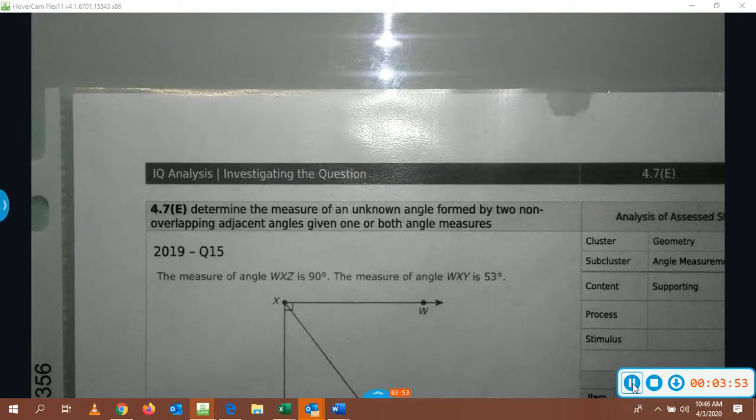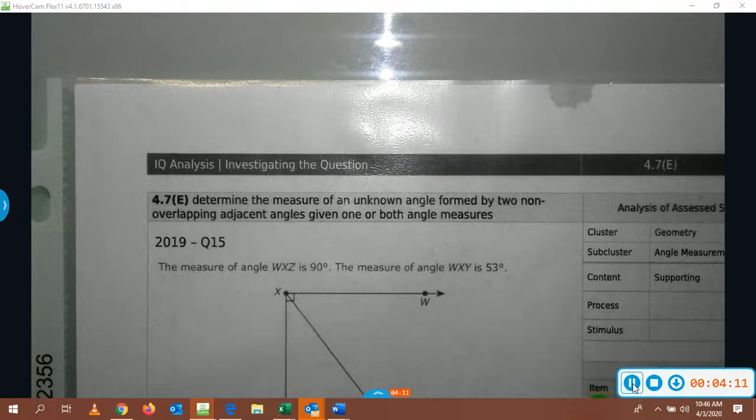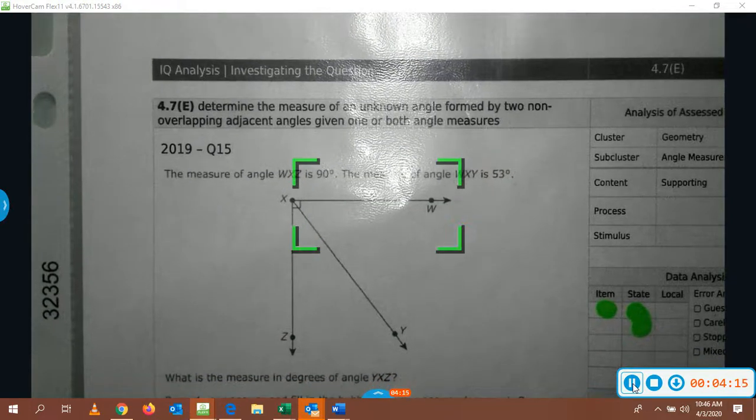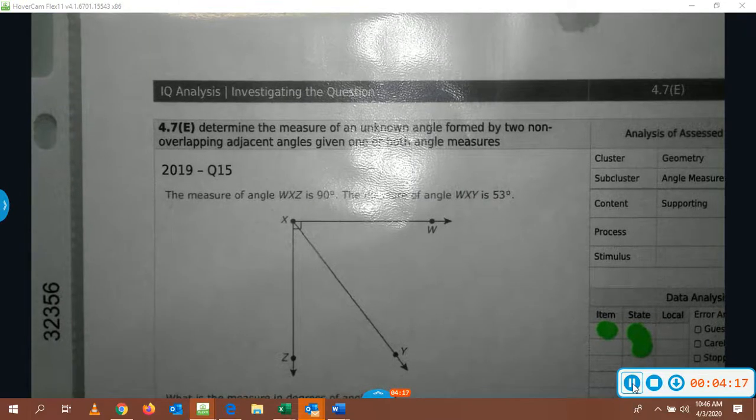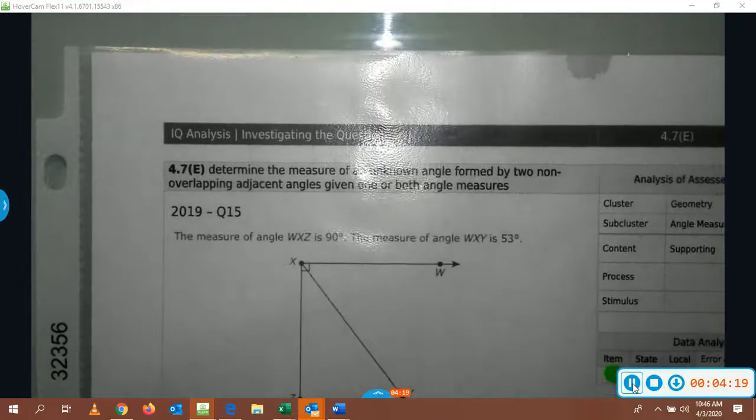Okay, 4.7e: determine the measure of an unknown angle formed by two non-overlapping adjacent angles given one or both angle measures. So this is a STAAR question from 2019. Let's read it. The measure of angle WXZ is 90 degrees.